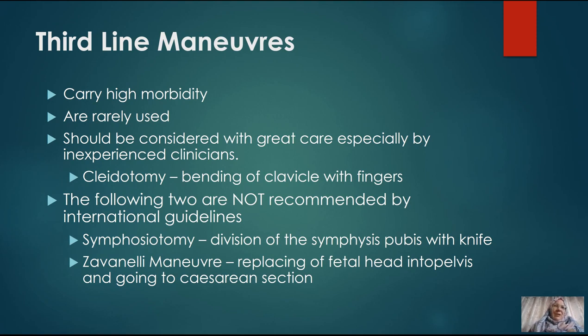But there are two procedures that you always mention as possible procedures, which should not be done anymore and which are actually malpractice. One is symphysiotomy, which is a surgical separation of the symphysis pubis to make room for the anterior shoulder.